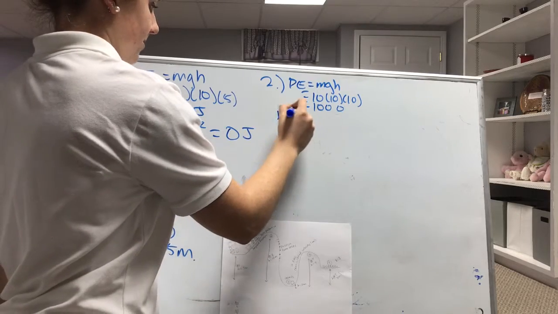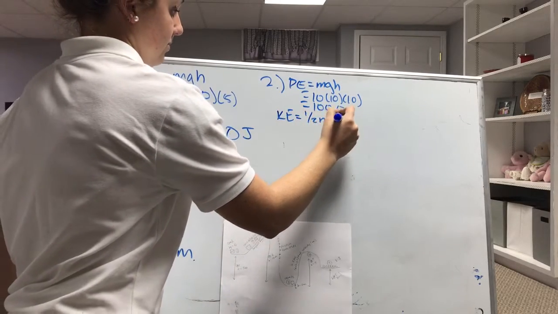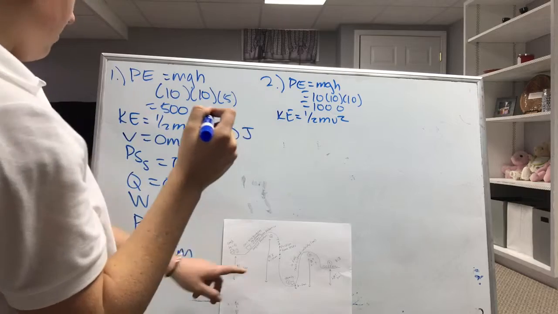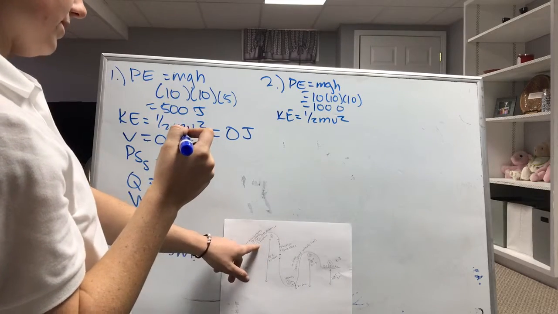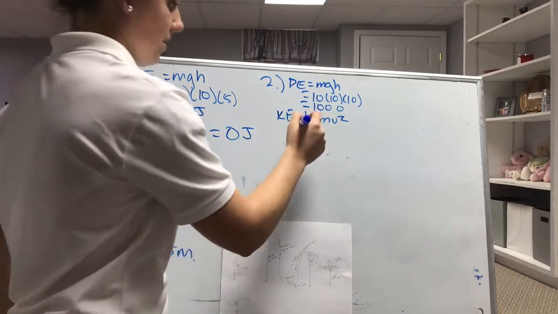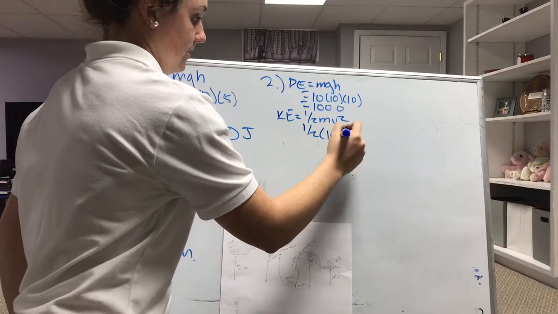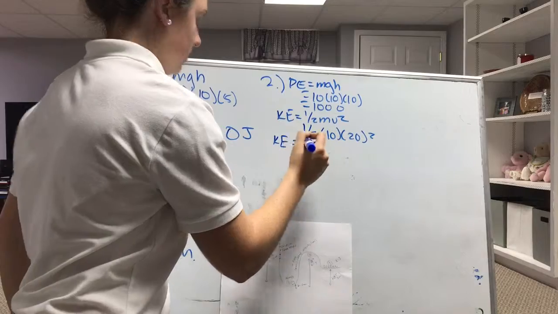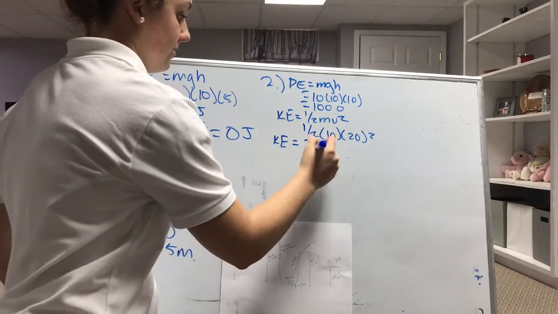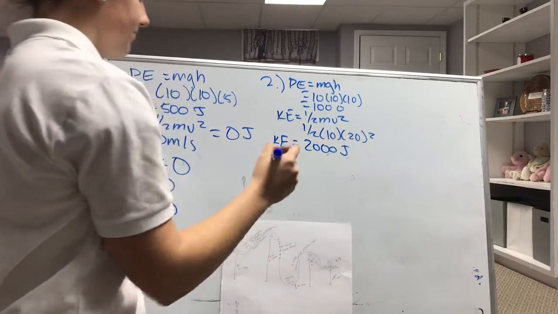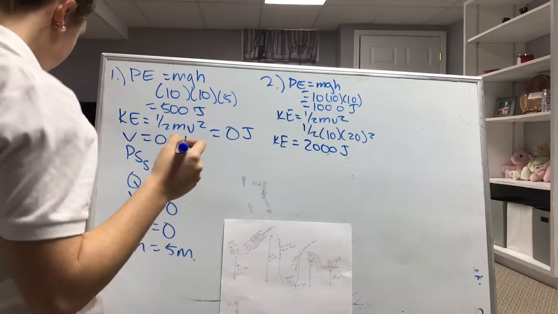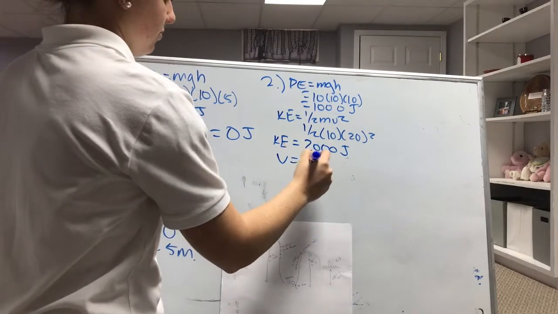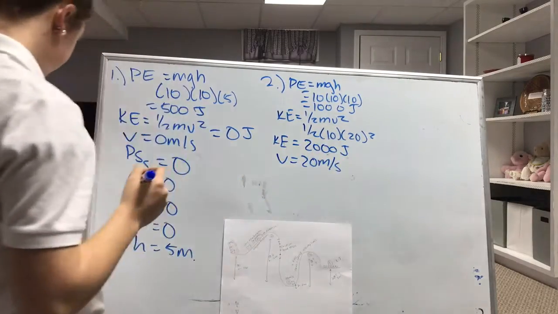Kinetic energy, 1/2 mv squared. Well, we are given now that it's 20 meters per second for velocity. 1/2 times 10 times 20 squared, and we know that kinetic energy is equal to 2,000 joules. Velocity, we just said, is 20 meters per second.